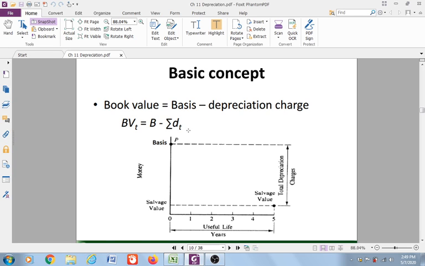So the book value of an asset in year 2 means the basis minus the depreciation of that asset in year 1, minus the depreciation in year 2. That's the book value of an asset in year 2.